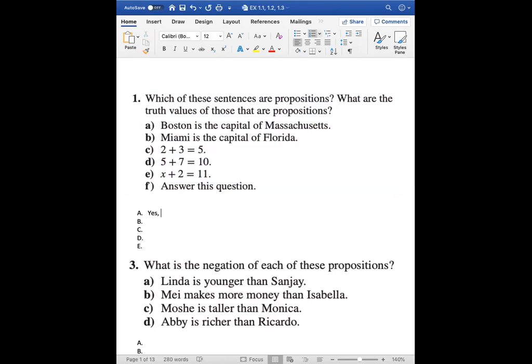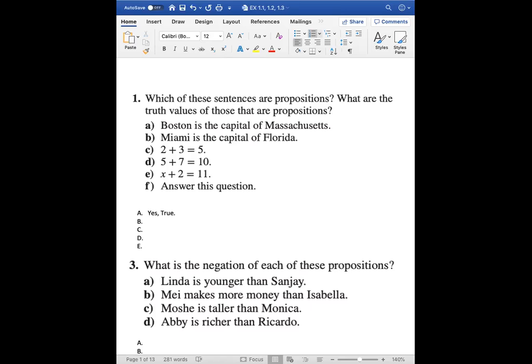We also have to determine the truth value, and this is true. This is based on general knowledge, but we won't be judging your general knowledge in this course. We will only be judging the course material taught in this course.